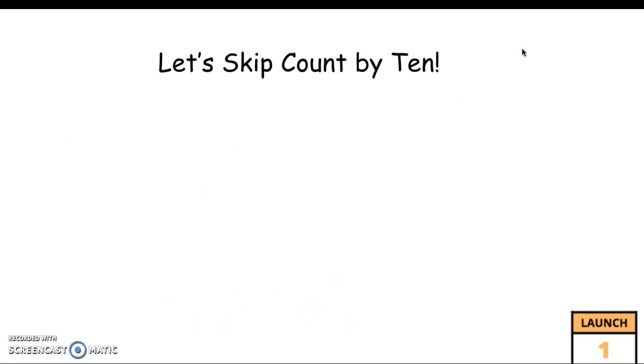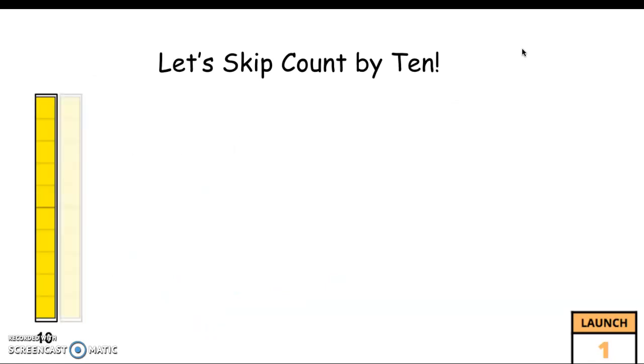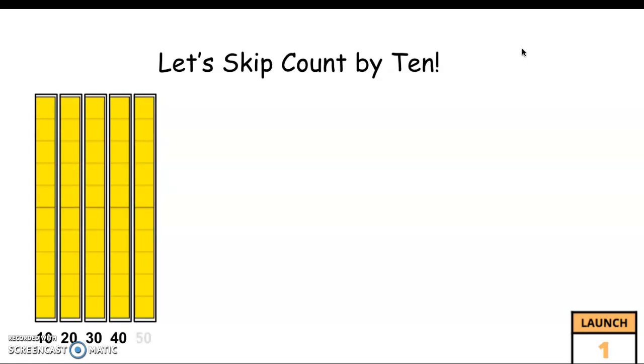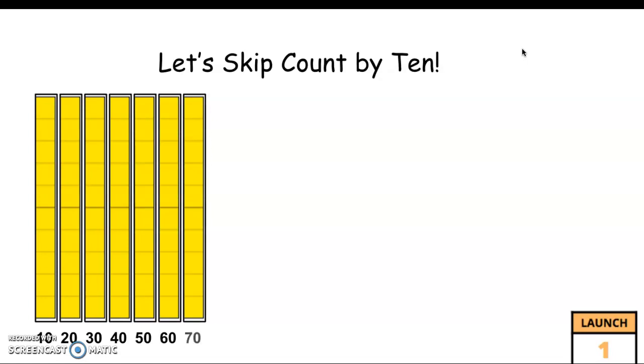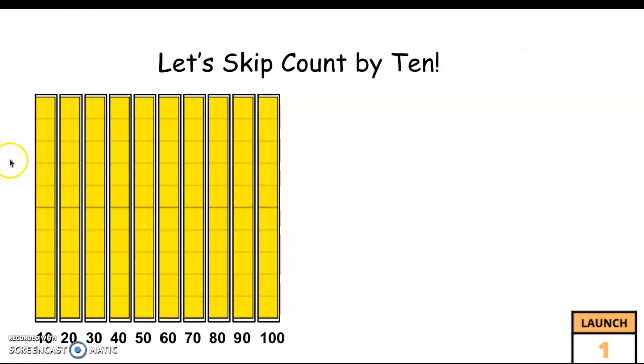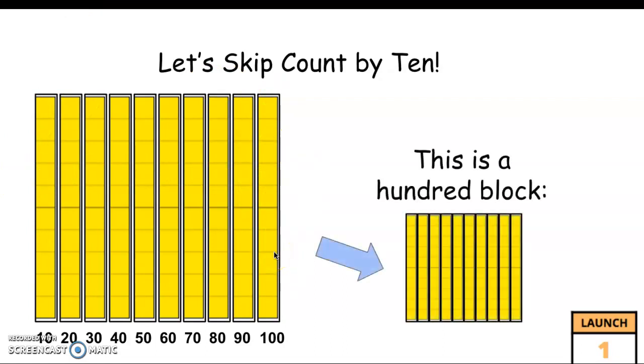Let's skip count by 10. 10, 20, 30, 40, 50, 60, 70, 80, 90, and 100. 10 rods equal 100 units, or we can replace it with a 100 block or flat.